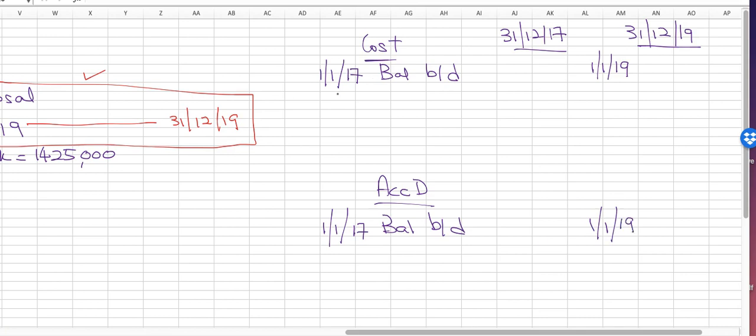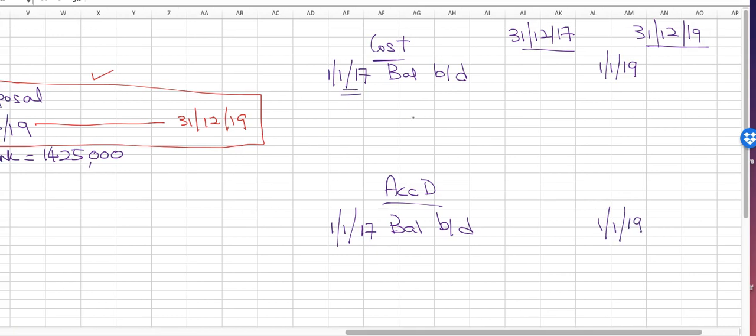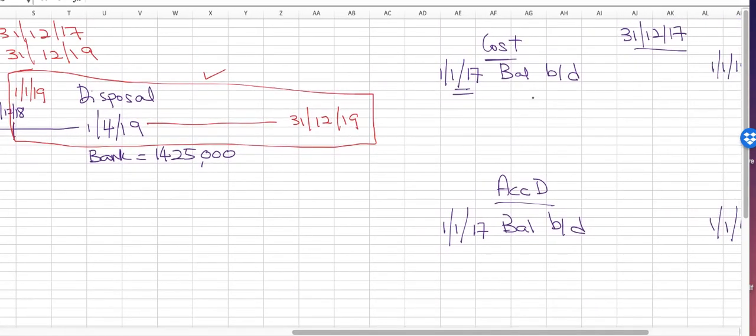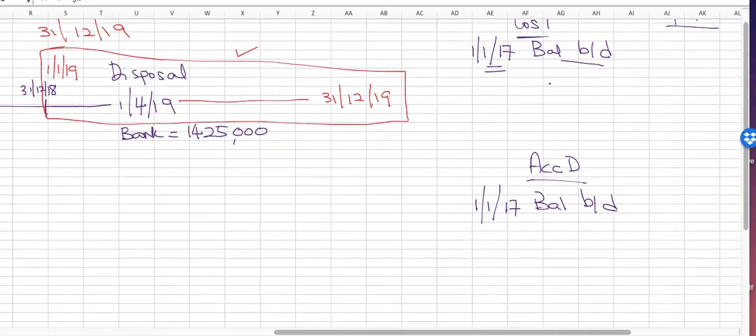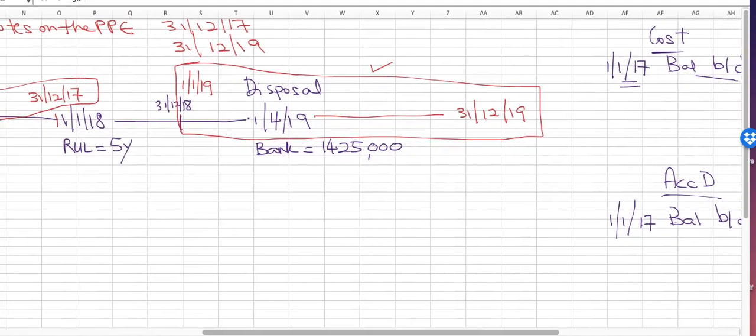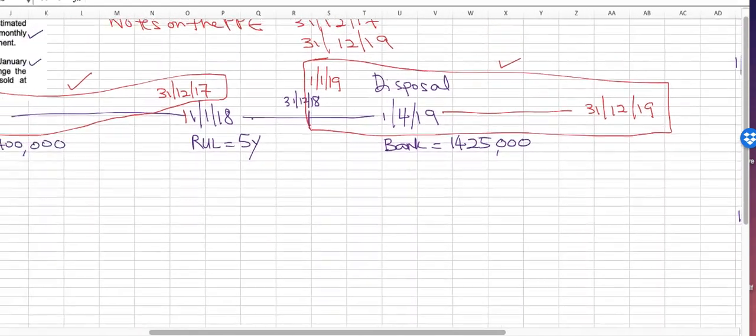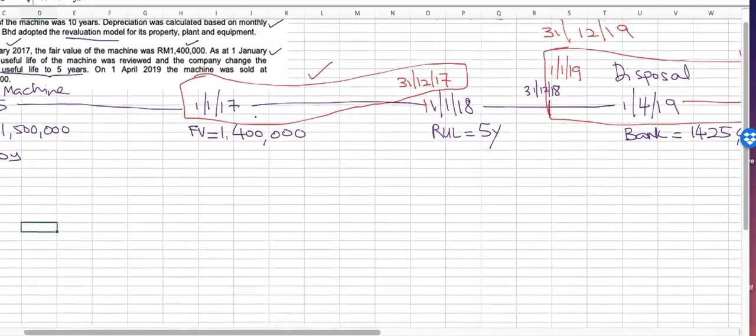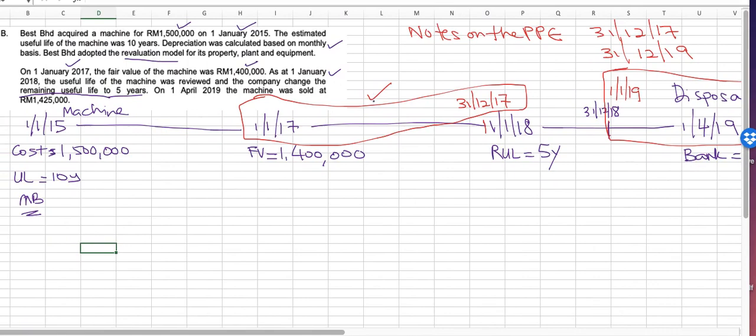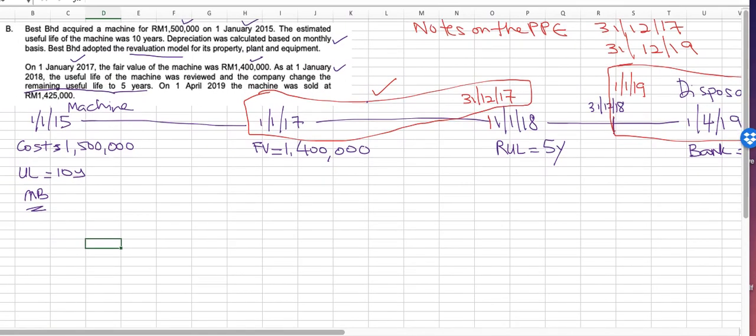Okay. How are we going to identify this balance BD? Sometimes the student always have this problem. Okay, balance BD means balance brought down, which is the figures that you carry from the previous period. So now, this is the first year, okay?